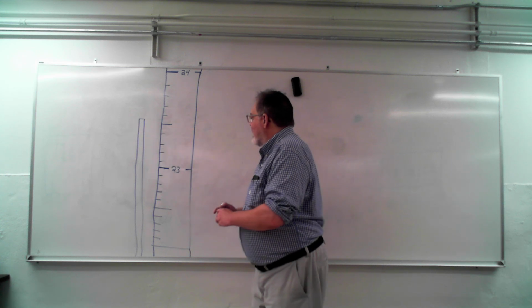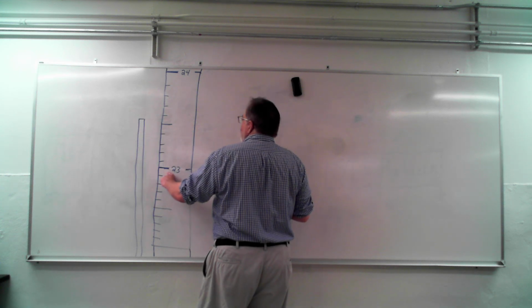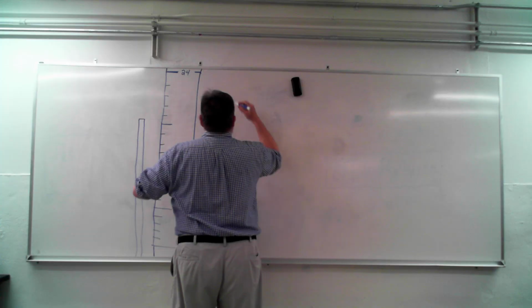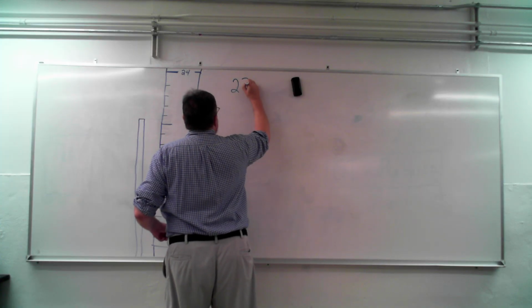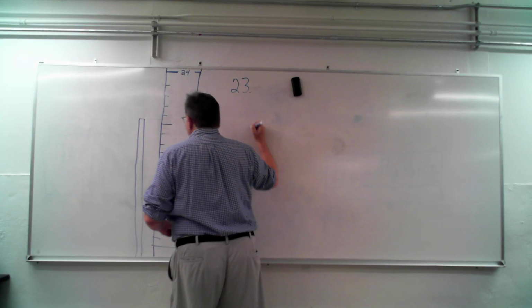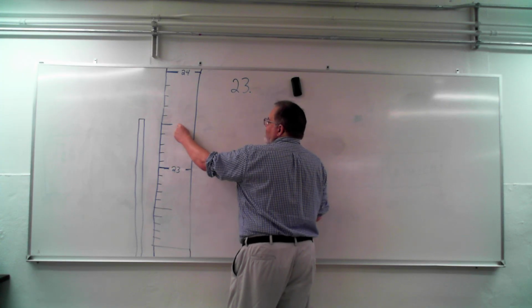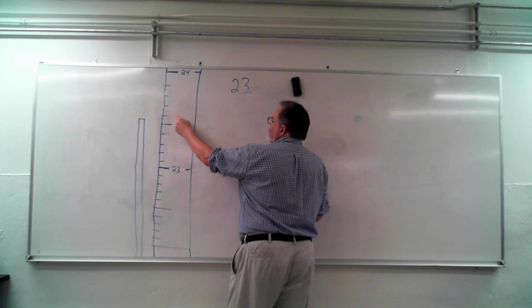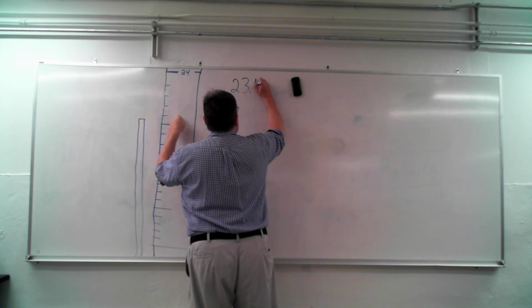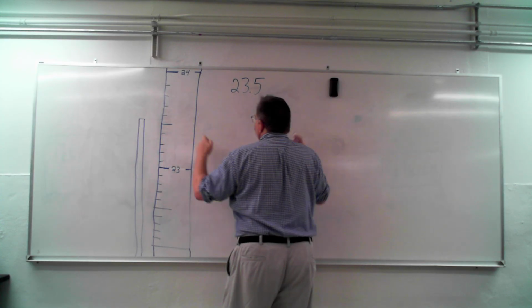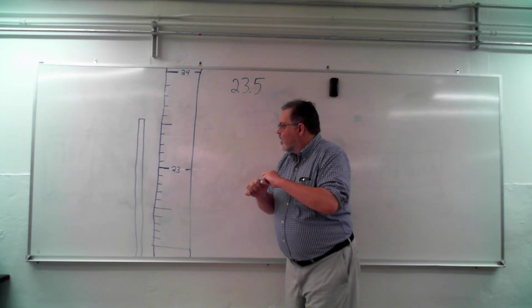So if this is what you had, you've got 23 and there's 24, so you would write down 23 point, 1, 2, 3, 4, 5, 6, so it's between 5 and 6. It is at least as much as 5, not as far as 6, so I'm going to put a 5 here. And this is the key point.